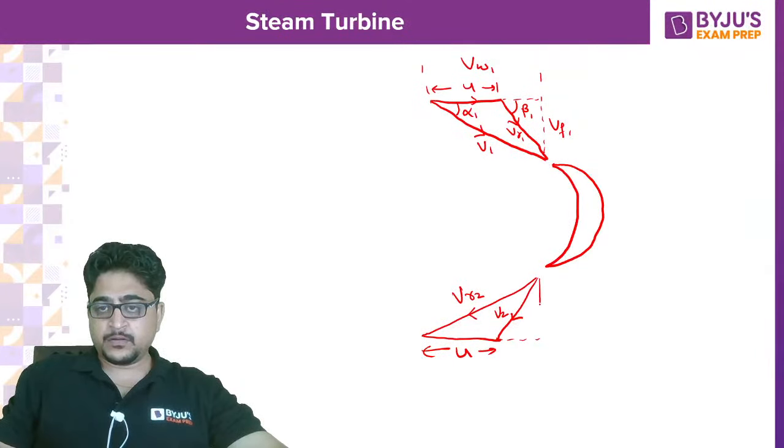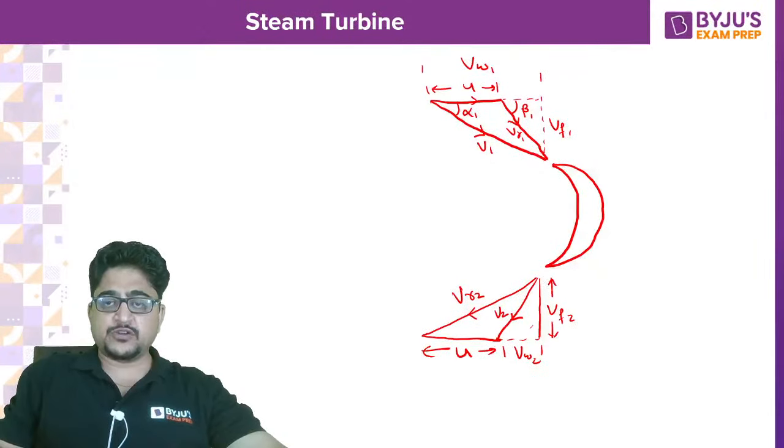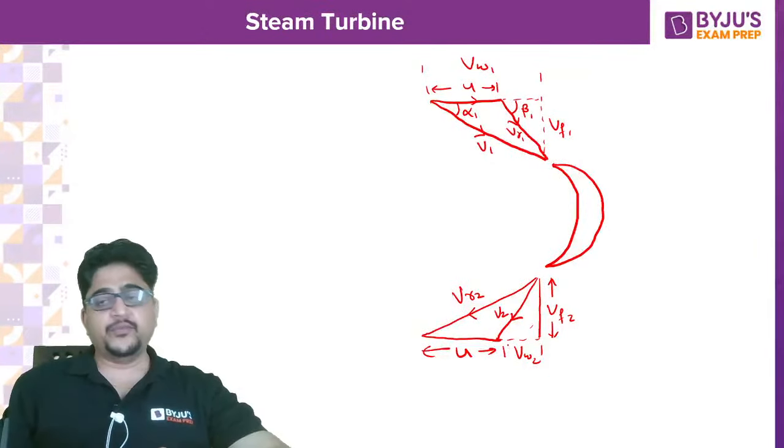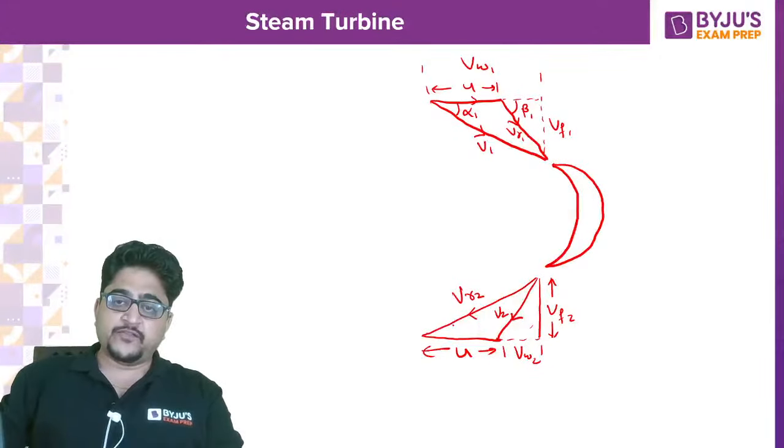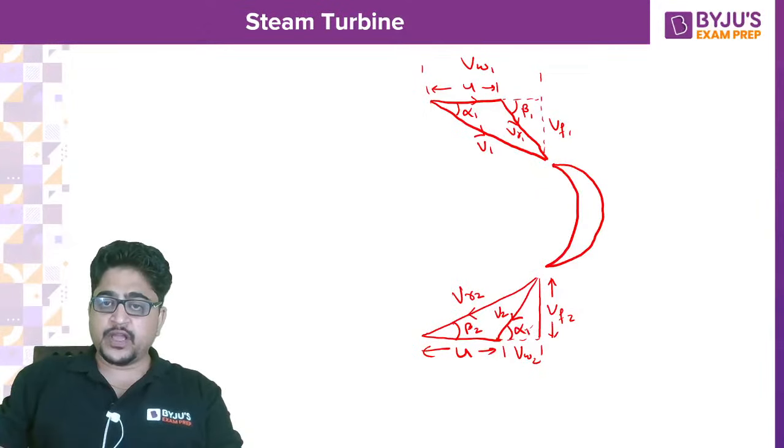This much is your VW2 and this is your VF2. VF1, VF2 are the axial velocities. VW1, VW2 are the tangential or whirl velocities. With the relative velocity there is going to be angle beta 2, and there is going to be angle alpha 2.